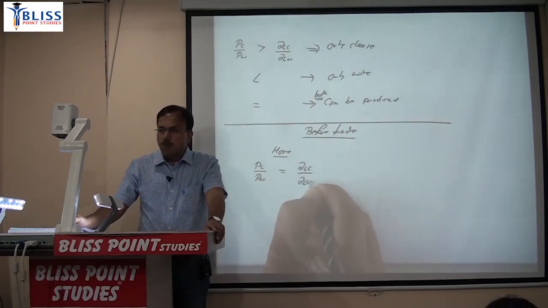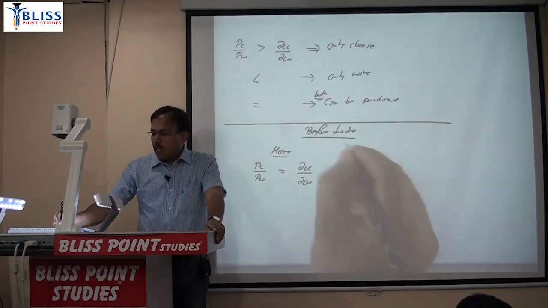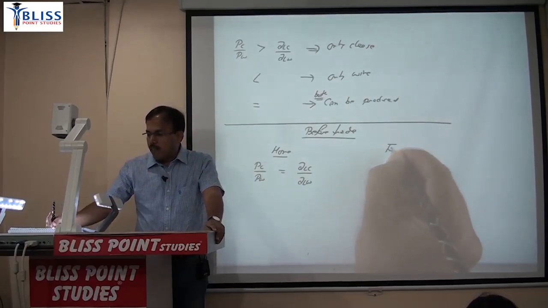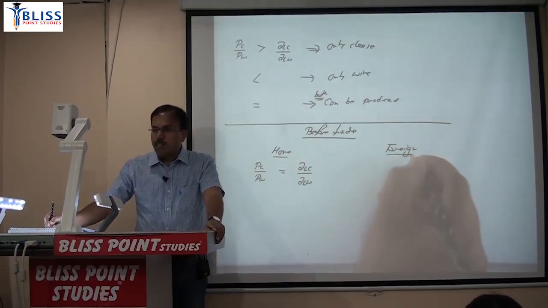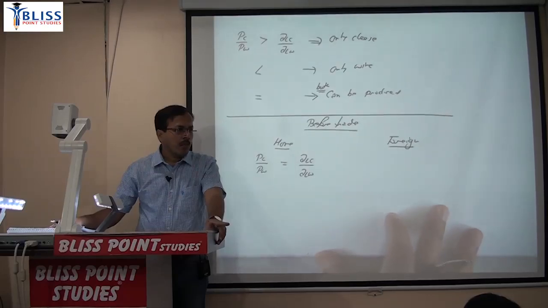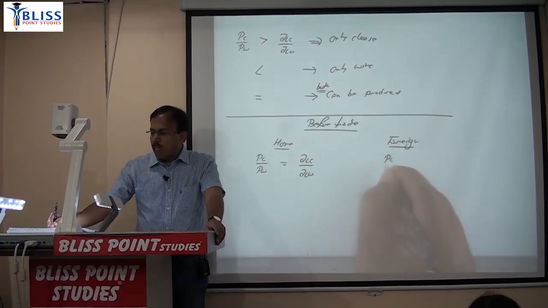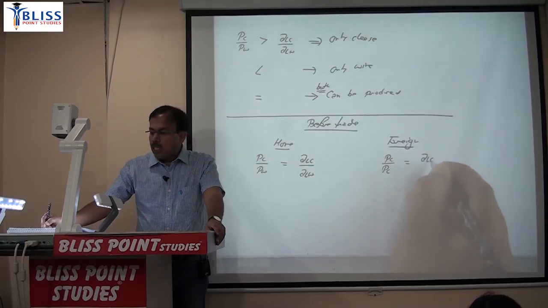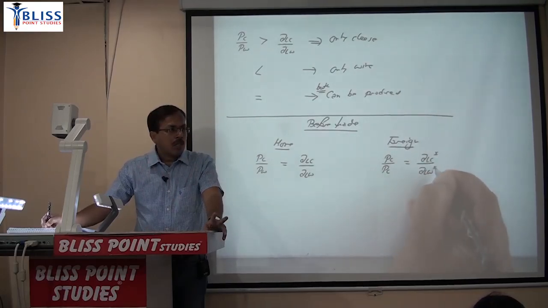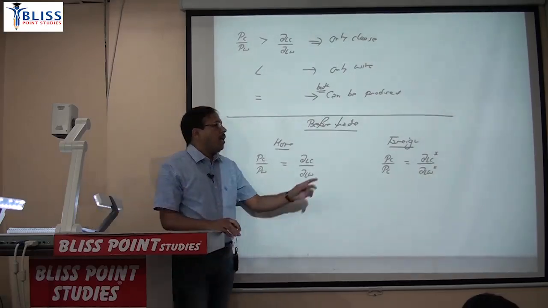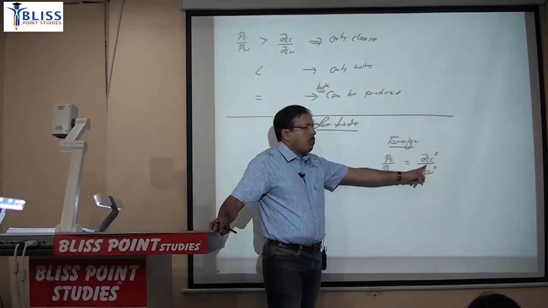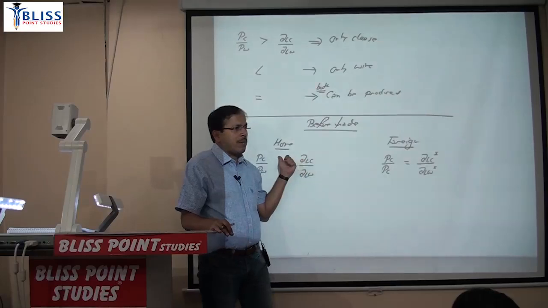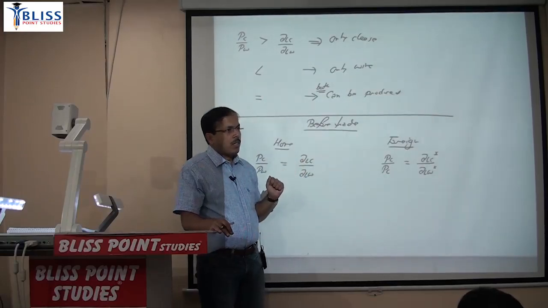ALC by ALW. In the absence of trade, what will be the price in the foreign country? In the foreign country also, PC by PW will be equal to what? ALC star by ALW star. But now the question is, if the foreign country's price ratio is equal to this number and the home country's price ratio is equal to this number, are the prices of both countries the same before trade?